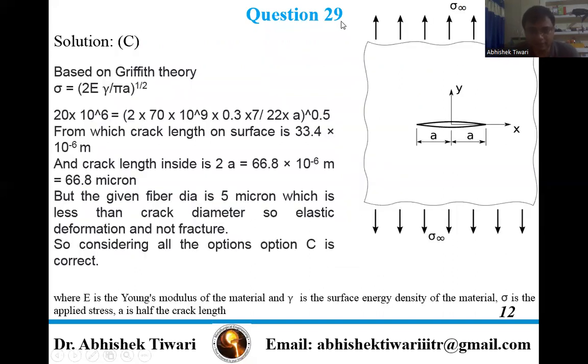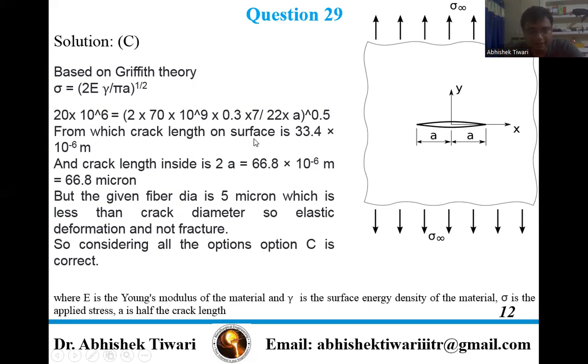Now, to solve this question, we have to understand Griffith theory, that is half the crack length. So this is the crack, and 2A is the crack length. So A is the half, and it is equal to 2 into 70 into 10 to the power 9 into 0.3 divided by pi, that is 22 by 7, into the stress, all raised to the power 0.5.